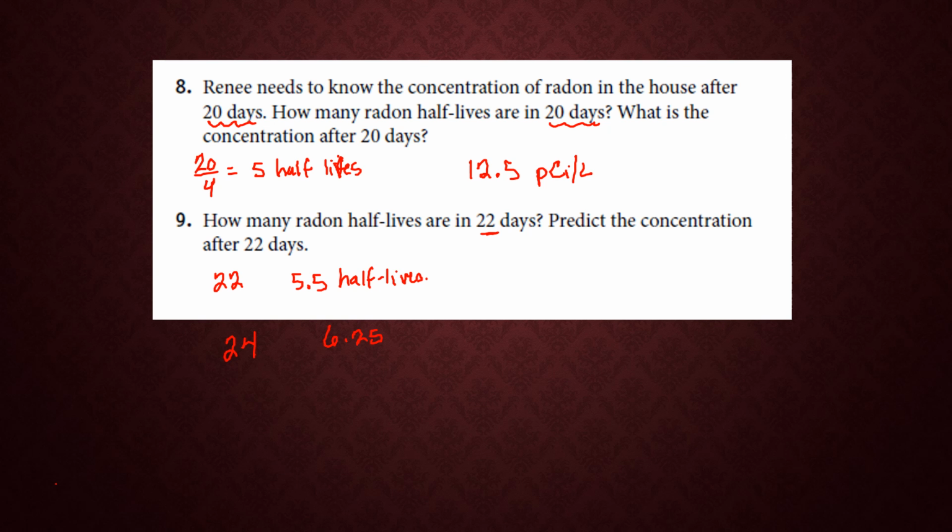Because after 20 days, it was 12.5, maybe halfway between there or so. Let's roughly say maybe 8-ish. Approximately from 6 to 12, more like probably 9-ish picocuries per liter.